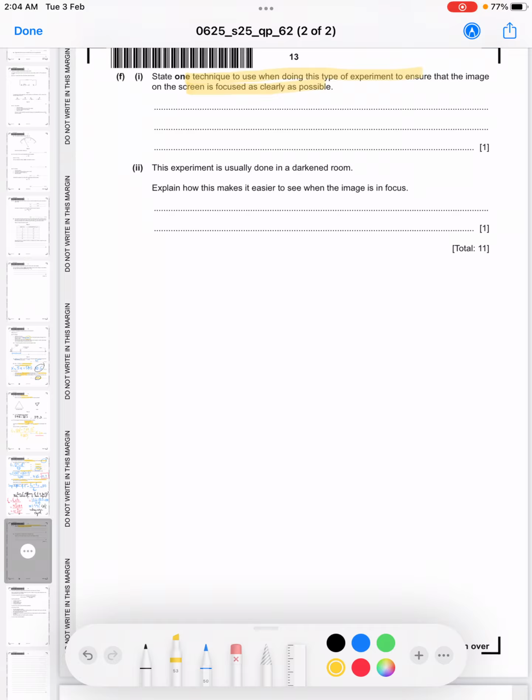It's a 1 mark question, so you should write: for the focused image, move the lens backward and forward slowly.